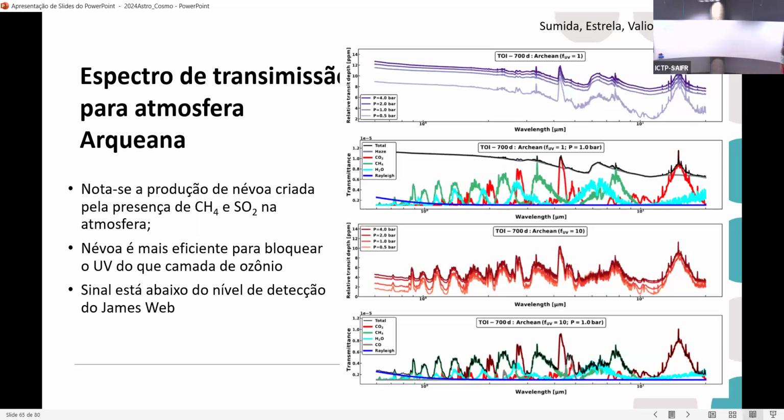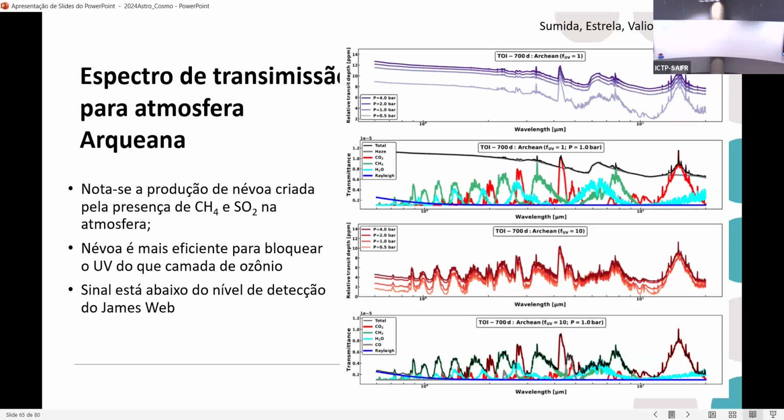These two are just a little bit different from this one for the Archean. And the difference here is that these are flares, and these are no flares. And these are for the 4 pressures, and this is just for 1 part.